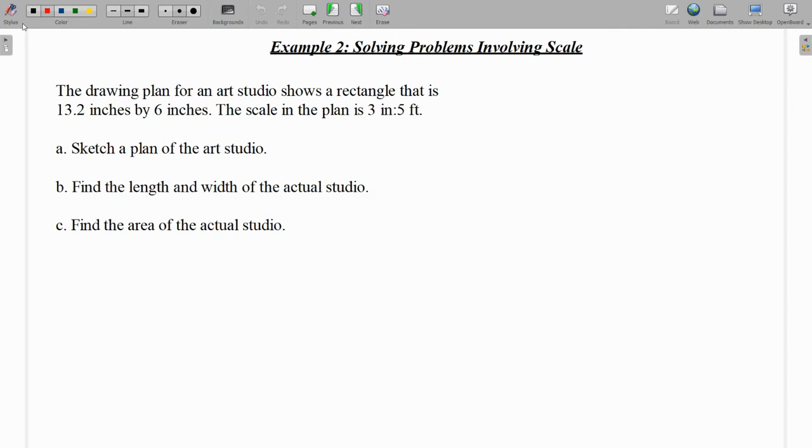The first thing I need to look at is my scale. I have a scale where for every 3 inches of drawing length, we have 5 feet of actual length. Now, they tell us that this is a rectangle, so we're going to go ahead and draw a rectangle.